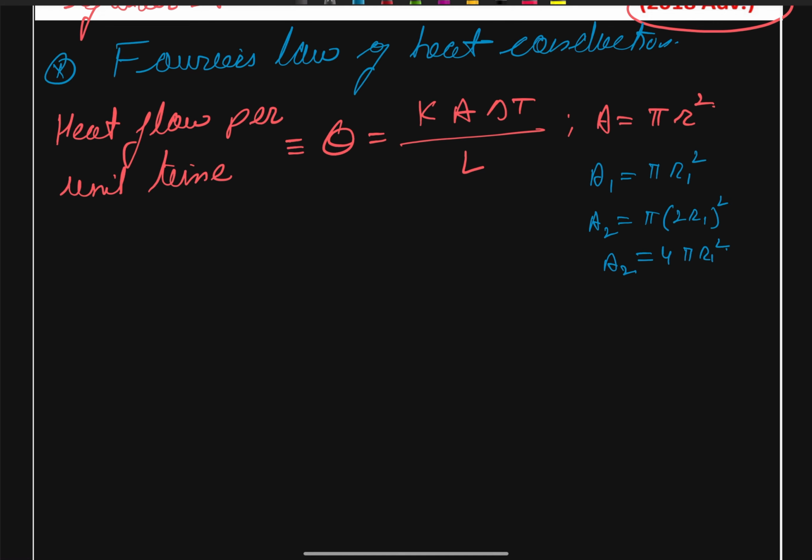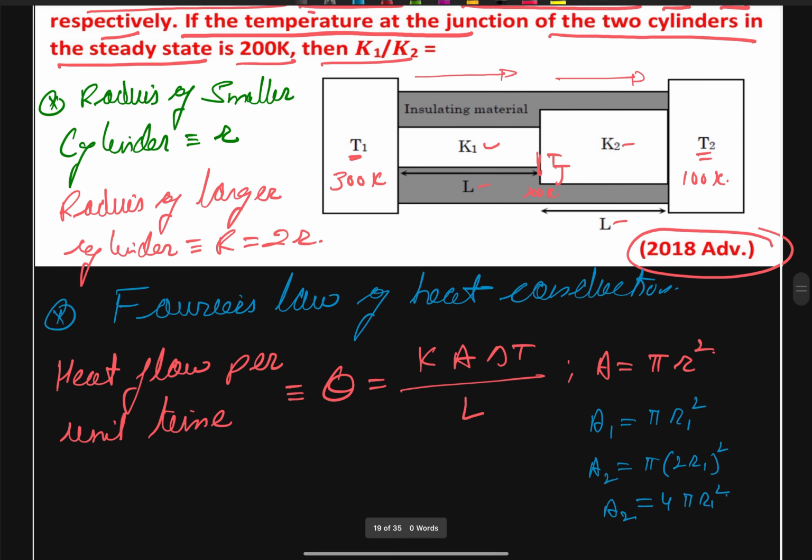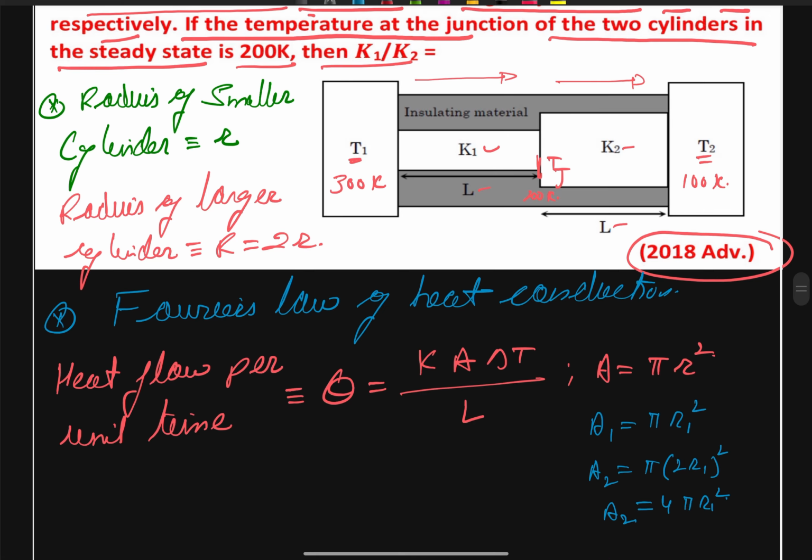So we have the heat flow. We are going to consider two cases. First case is the heat flowing from T1 to Tj, and the second case is from 200 to 100.